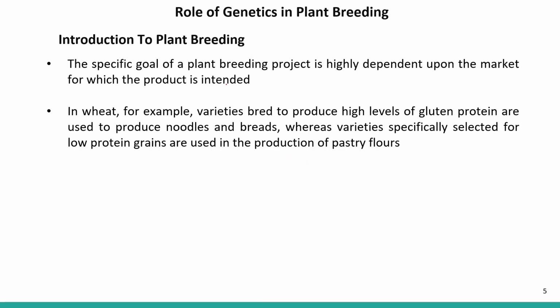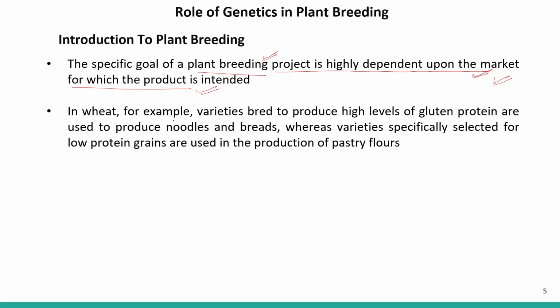The specific goal of a plant breeding project is highly dependent upon the market for which the product is intended. So what is the requirement, today's requirement from the crop? According to that, the plant breeding project is started, or it decides which plant breeding technique we have to follow, according to our market requirement.